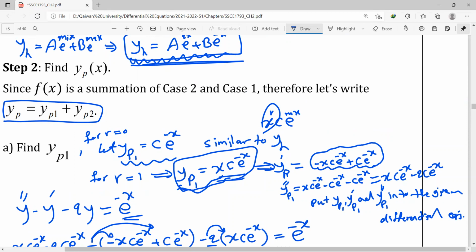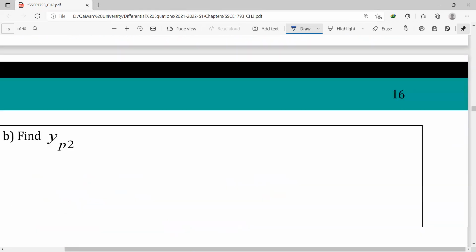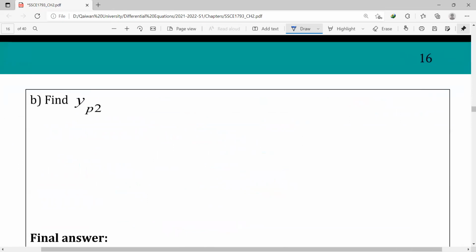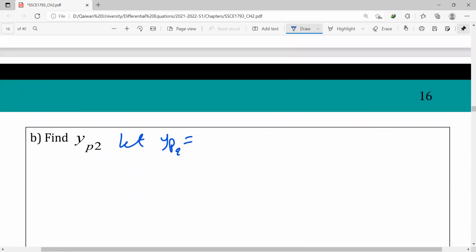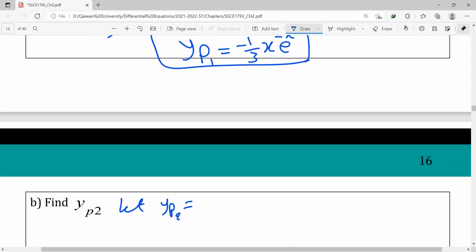And then for the other part, for x, we do the same procedure. But for polynomials, for yp2, we said if the right hand side is a polynomial, let's say if f of x to be x squared, then the particular solution that you choose here equals ax squared plus bx plus c.